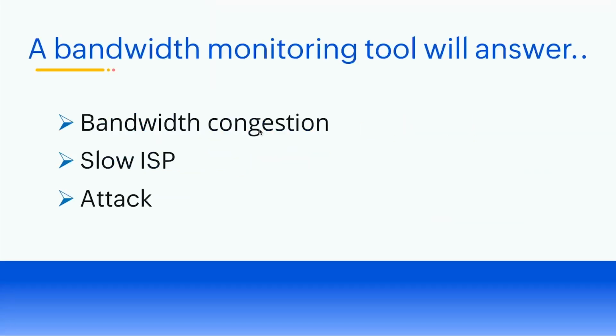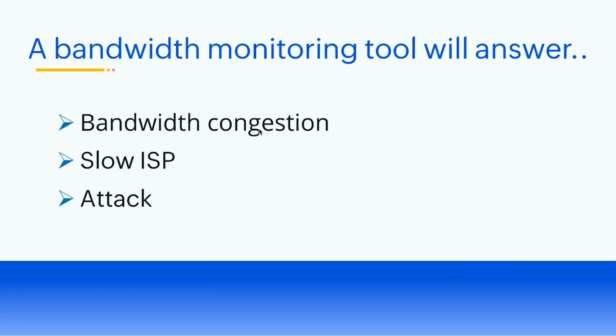A bandwidth monitoring tool essentially answers three major concerns. Number one, bandwidth congestion. Number two, slow ISP, and number three, network attacks. A bandwidth monitoring tool provides critical insights into network traffic, helping to identify and alleviate congestion points.